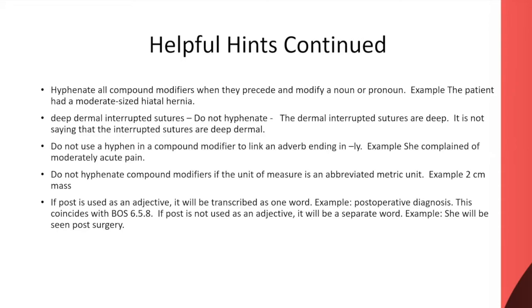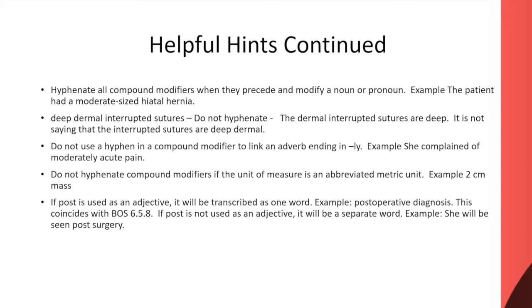That would be hyphenated because you have hiatal hernia, which is a noun, so it's modifying that. And sometimes to figure it out, for example, deep dermal interrupted sutures, you wouldn't hyphenate because they're not saying the dermal interrupted sutures are deep. It is not saying that the interrupted sutures are deep dermal.